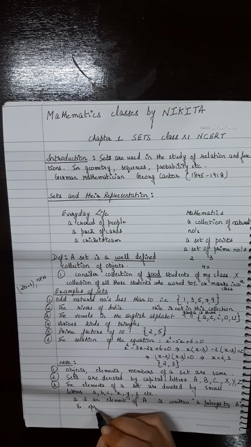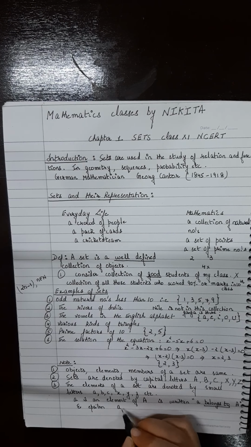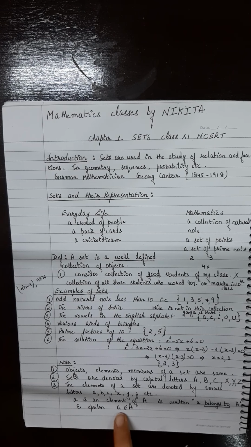This is known as epsilon. So this thing is written as a belongs to A. So whenever you see this, that means a is an element and it belongs to the set capital A.